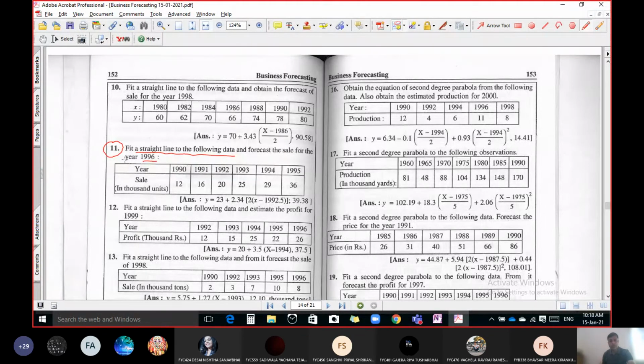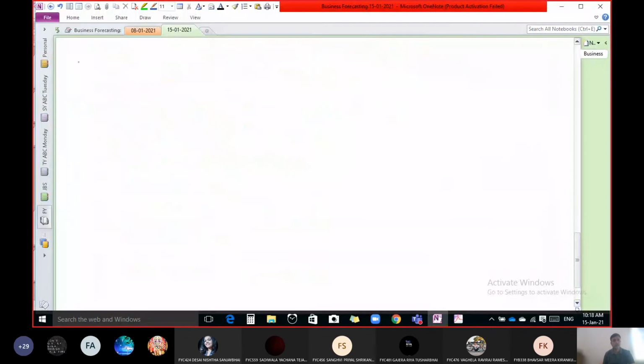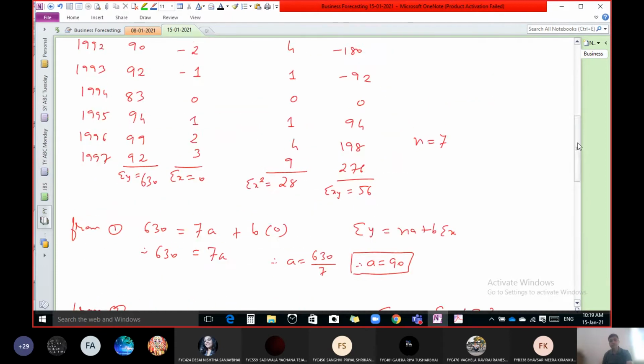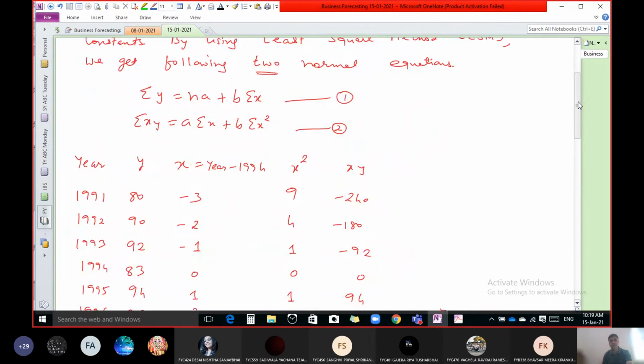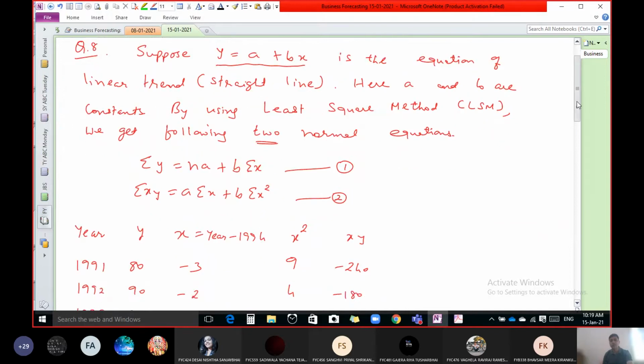See, question number 11. You have to write this paragraph in exam, this one up to this. Suppose y equal to, so I'm not going to repeat all these things. This you have to write, and then after you have to start to prepare the table.